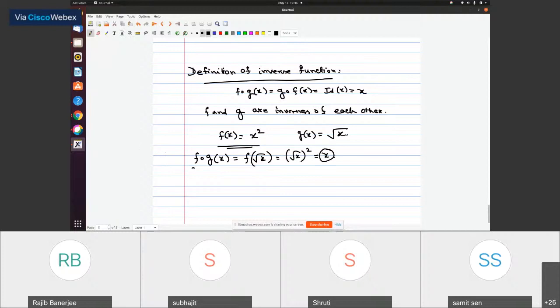And what is g composite f of x? It is root of x square. So g of f of x is root of x square. What will that be?